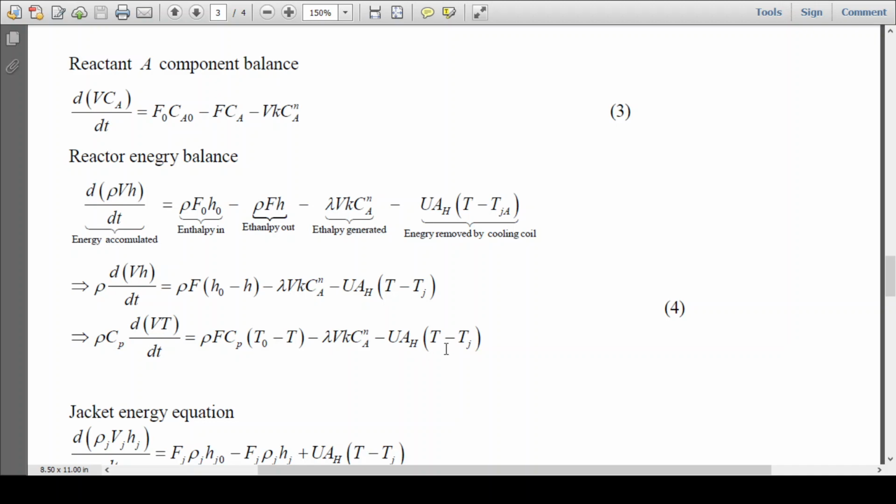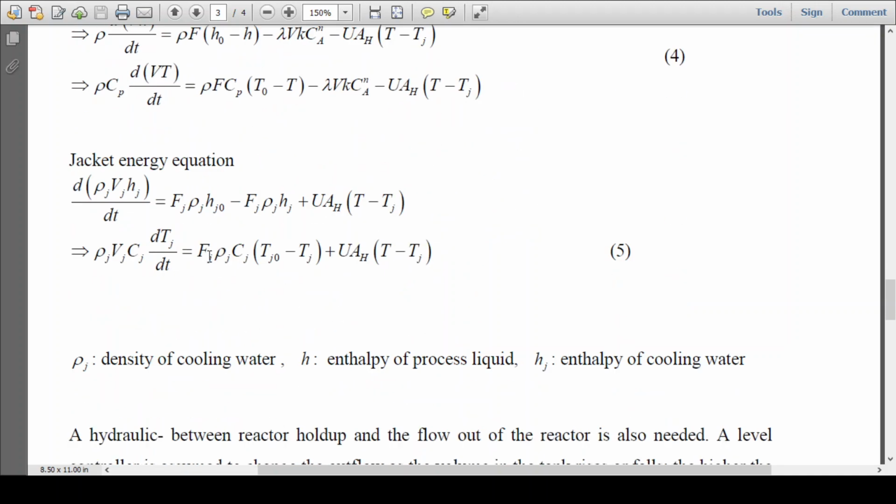minus U A (T minus Tj). For the jacket energy balance, the enthalpy within the jacket equals the enthalpy coming in with the cooling water, minus the enthalpy going out with the cooling water, plus the energy supplied from the reactor to the jacket.